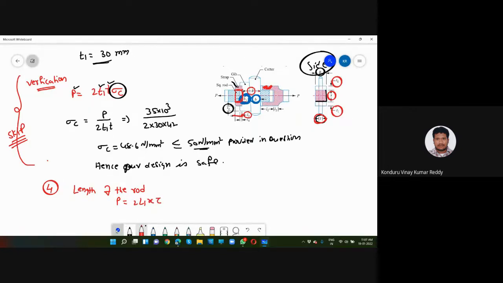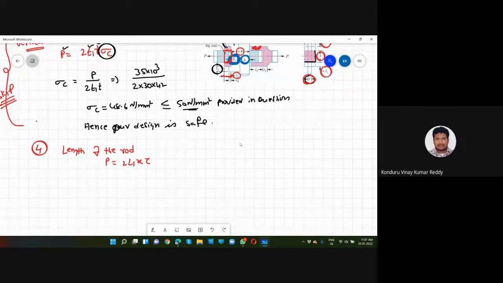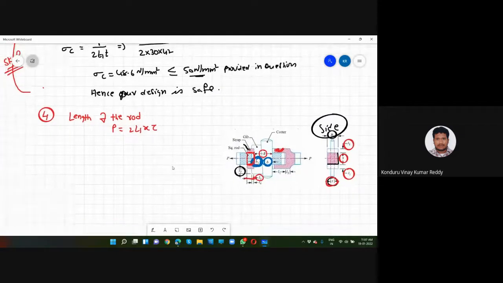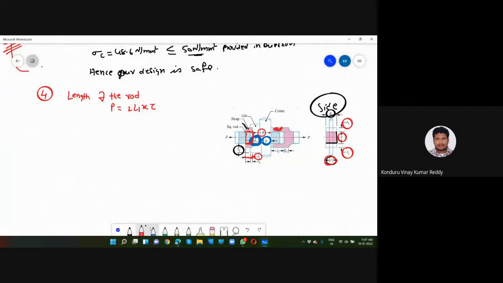As the value over here is parallel to the axis, we will be considering shear stress only. In this formula, we know the P value, we know the X value, we know the shear stress value.